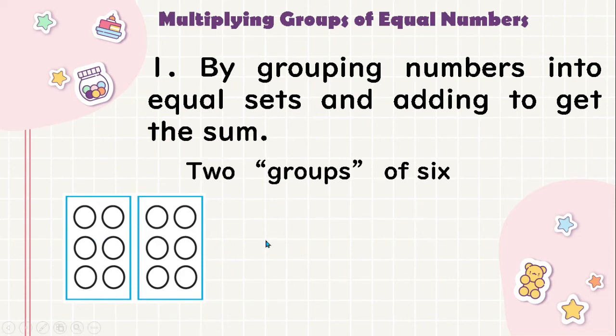So, for addition, 6 plus 6 equals 12. And for multiplication sentence, 2 times 6 equals 12. Okay? So, igrupo natin yung numbers into equal sets and then inadd natin siya to get the sum. And the sum is the same as the product, which is 12.